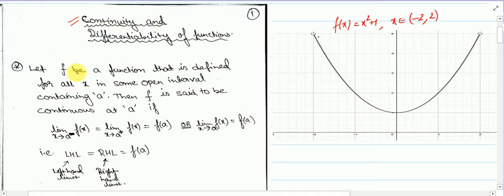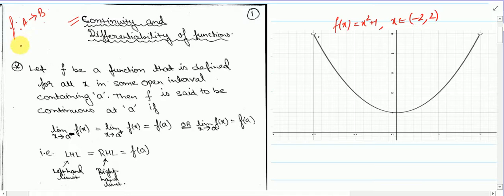So we have already discussed functions. A function from A to B is nothing but a rule with the help of which you associate each element of A to B uniquely.